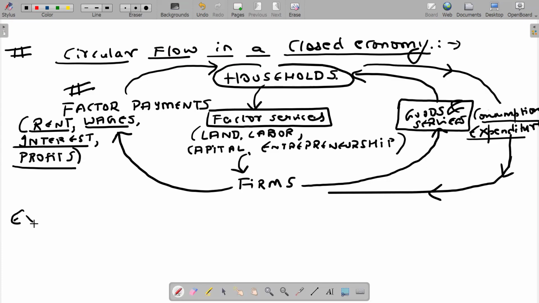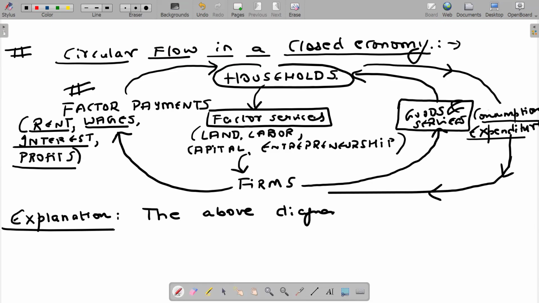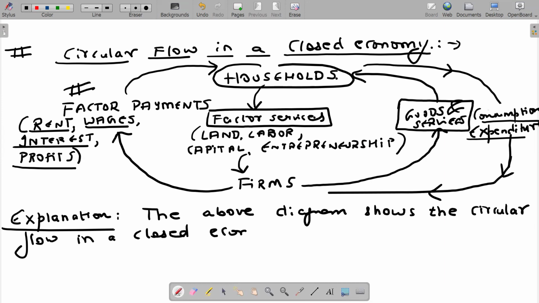Okay, so I can write an easy explanation. The above diagram shows the circular flow in a closed economy. The inner circle, or I can say the red arrows, this, and then this, and this.